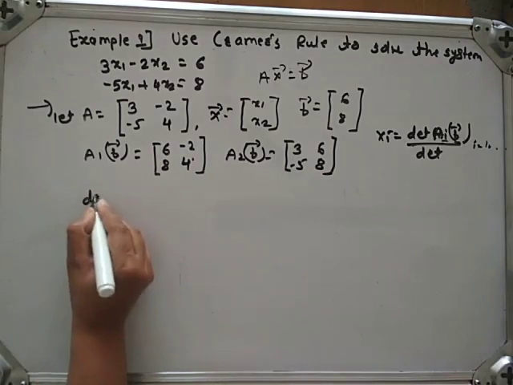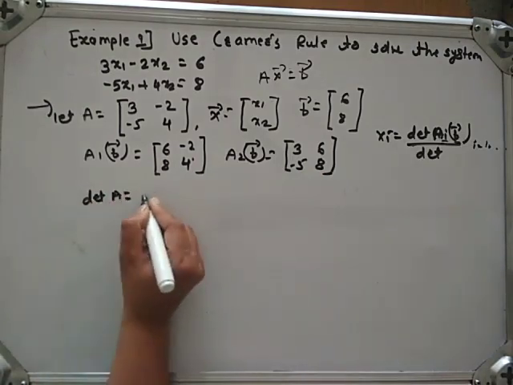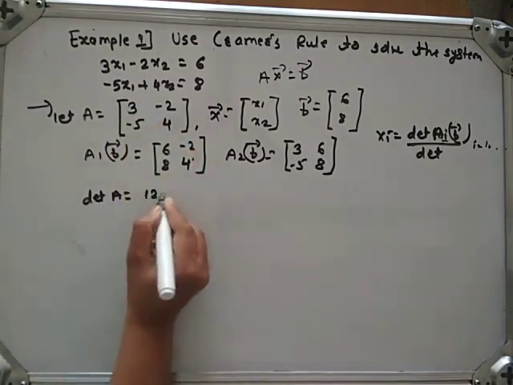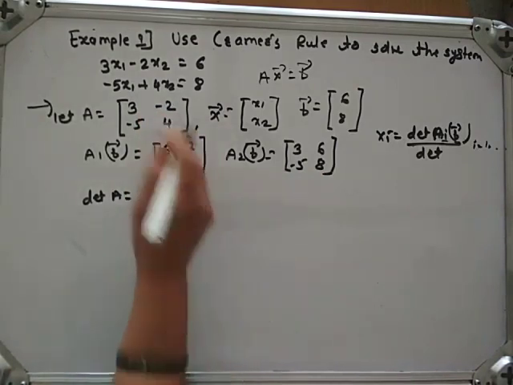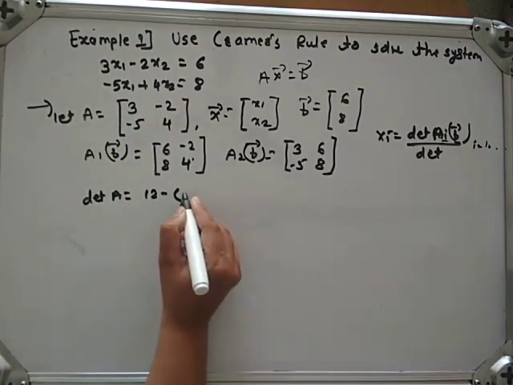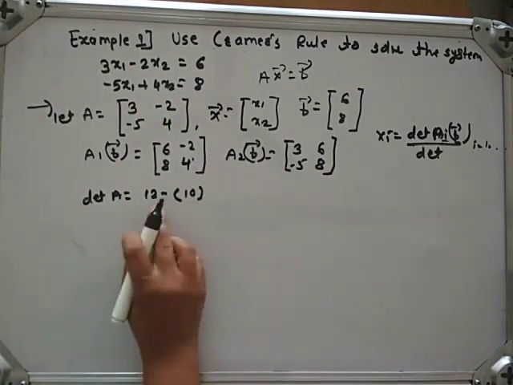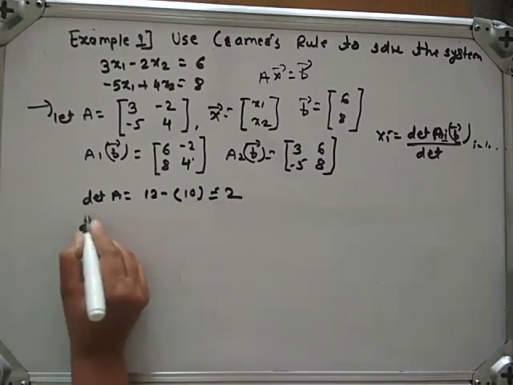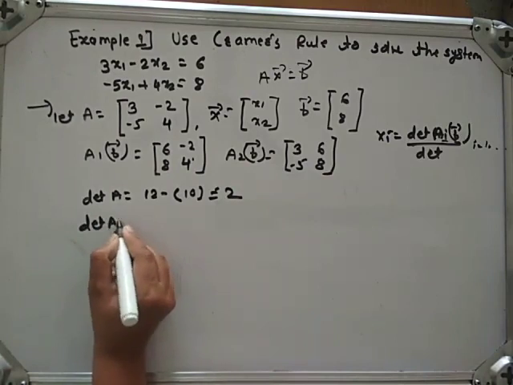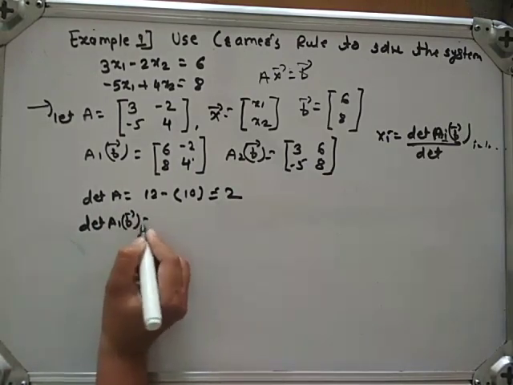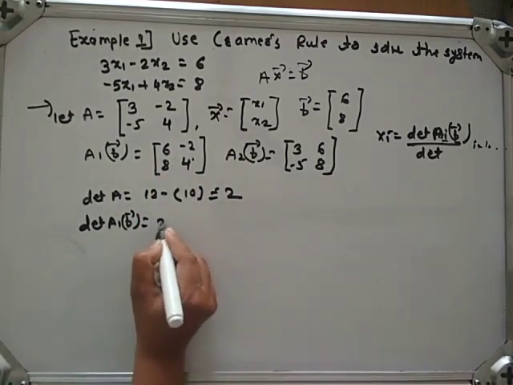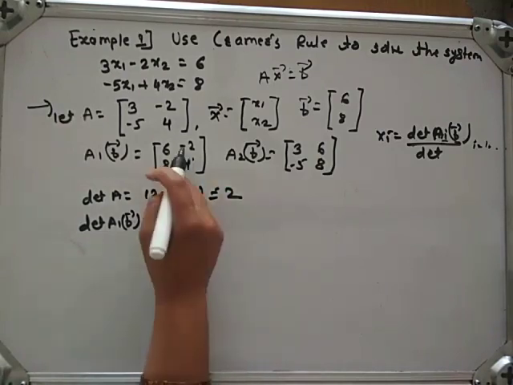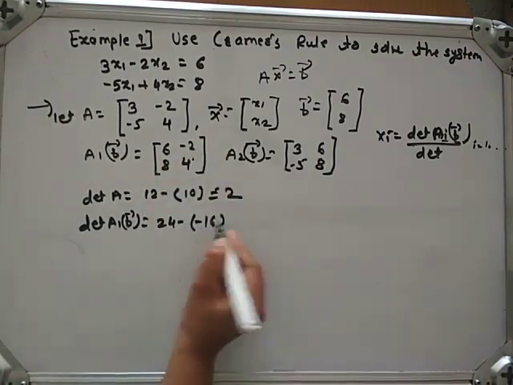Now find determinant of A, which is 3 into 4 is 12 minus 2 into minus 5 is plus 10. So 12 minus 10 is 2. Next, find determinant of A1(b bar). So 6 into 4 is 24 minus 8 into minus 2 is minus 16.